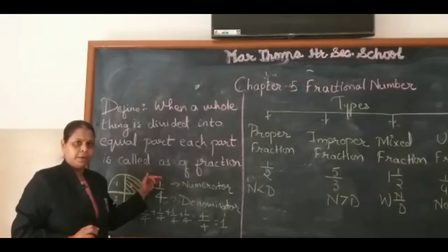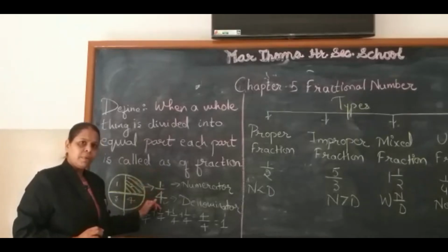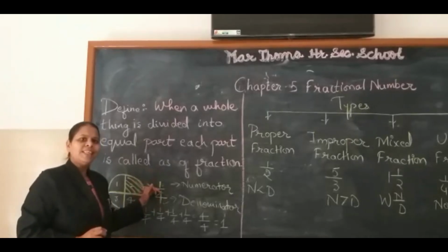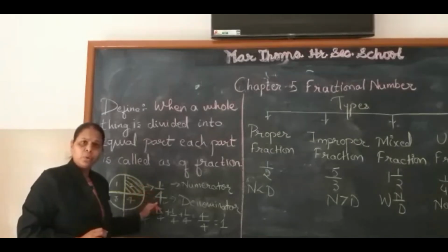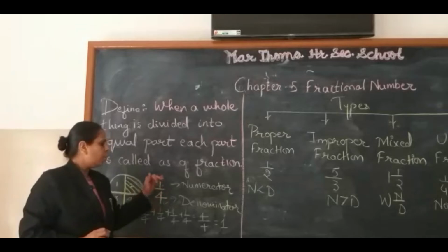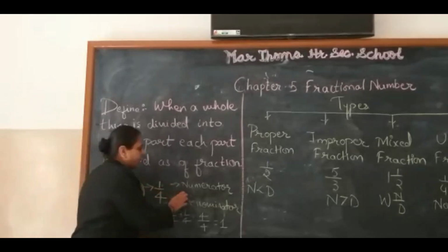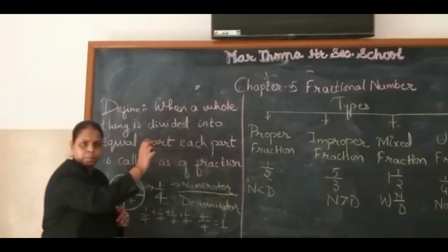The other is the denominator, which is the number written below the line. So a fraction is a combination of a numerator and a denominator separated by a line in between.